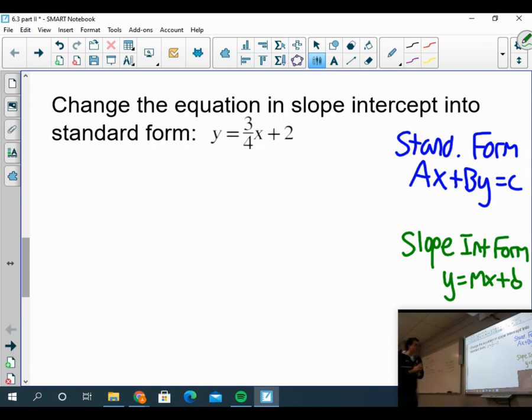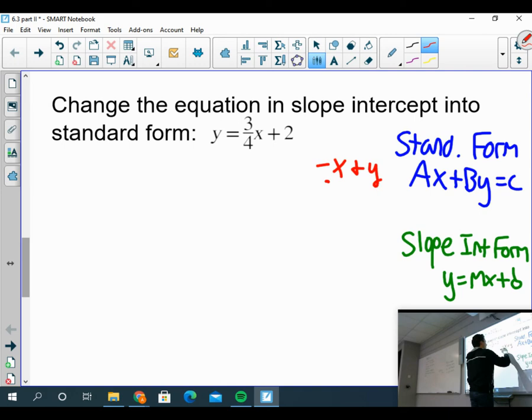So what's good to be able to do is to transition from one form into the next. But in order to do that, we have to recognize what's unique about each form. Now, what do we notice about each one? Well, standard form, there are two things that we want to look out for. Number one, your x and your y value are on the same side.